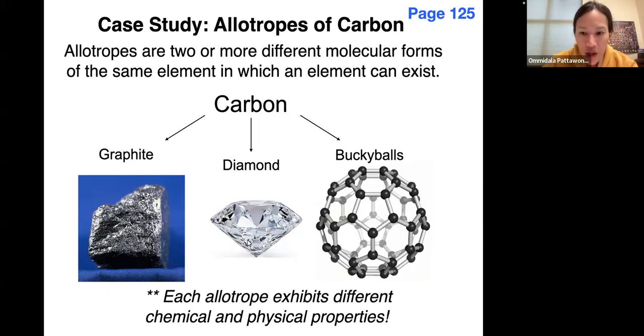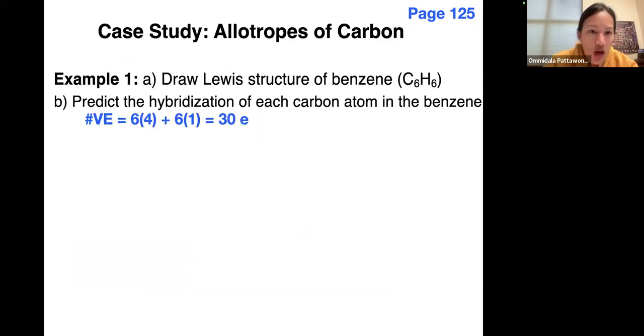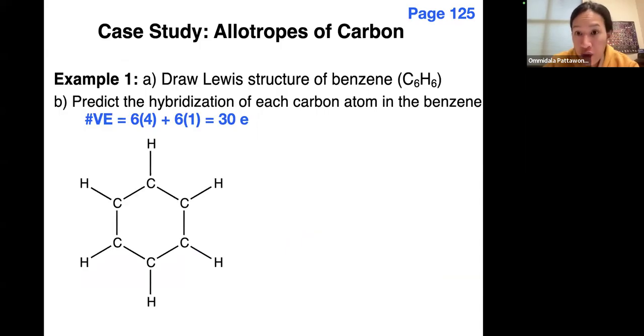We are going to look at these two. But before we look into either graphite or diamond, we are going to take a look at the benzene structure first, because you will see why later.